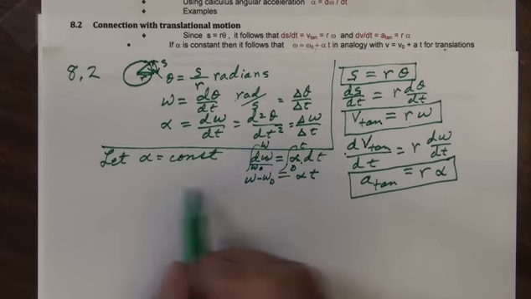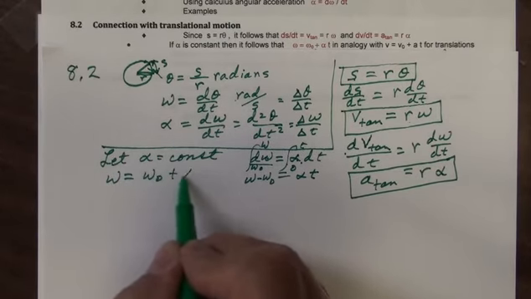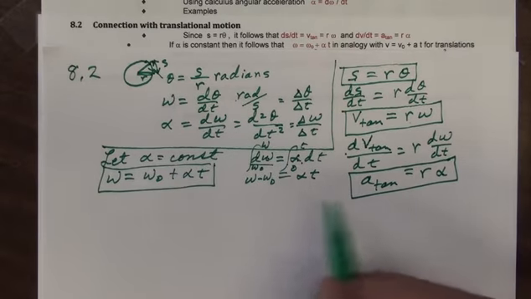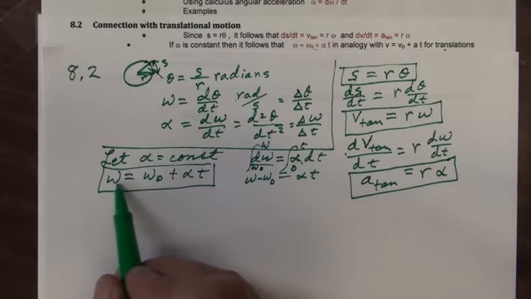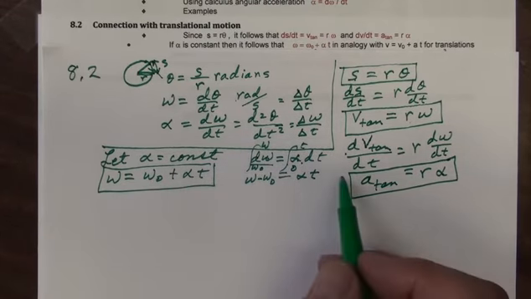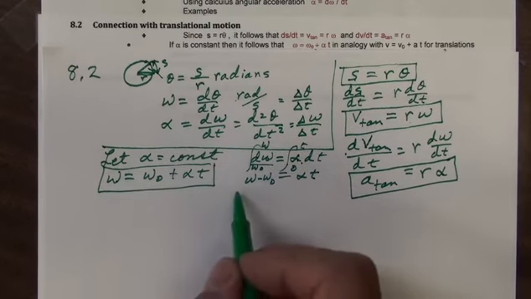Or omega is equal to omega naught plus alpha times t. Well, that's exactly comparable to what we had when we said velocity is equal to v naught plus a times t.